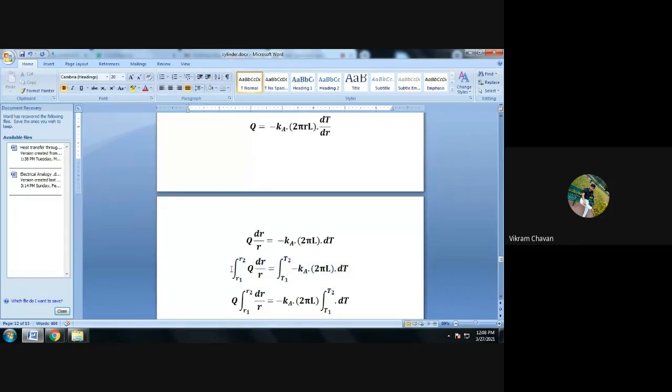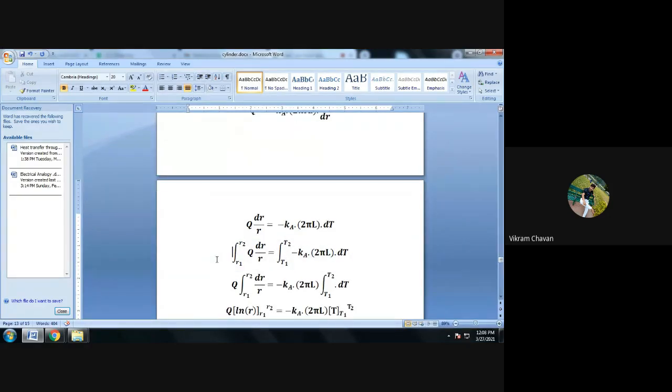We follow a similar procedure. Apply the limits R1 and R2 and integrate Q multiplied by dr divided by R, equal to minus K suffix A multiplied by 2 pi L multiplied by dT with the temperature limits T1 and T2. On the left side we take Q out of the integration, because the integration is with respect to R, so Q is a constant.